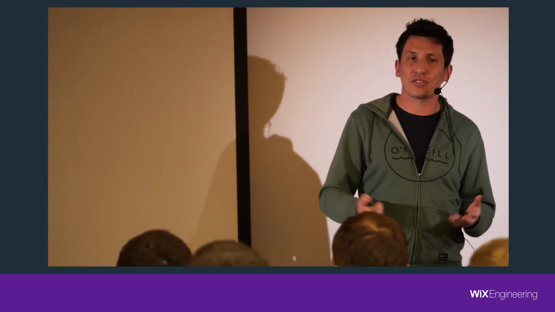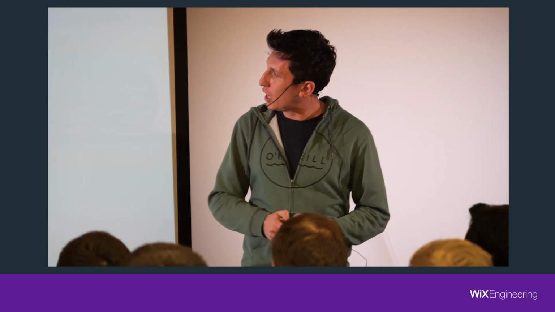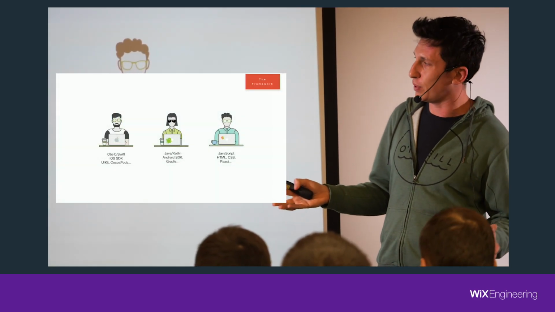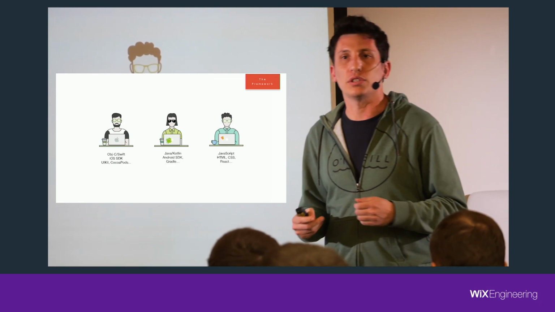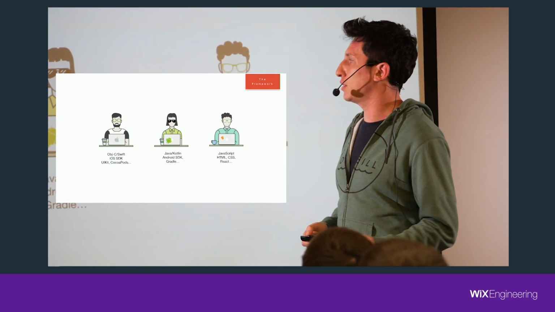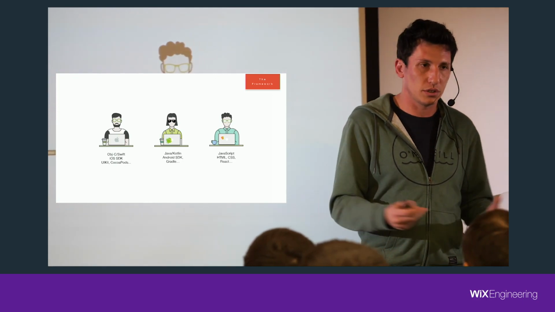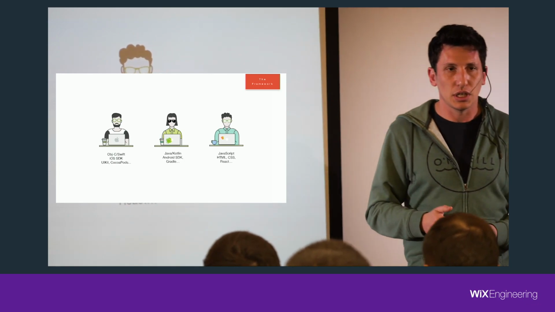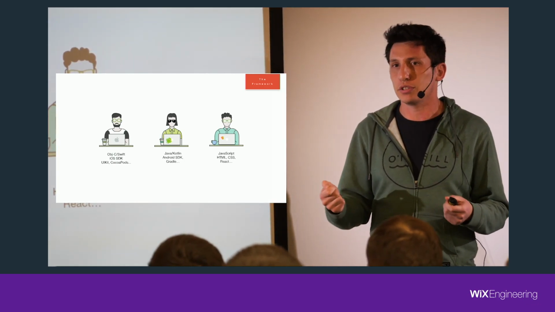So we need to pick the right framework. Looking at classic native development, a company that wants to develop a good product and target the three most common platforms, iOS, Android, and web, needs to maintain three different teams.